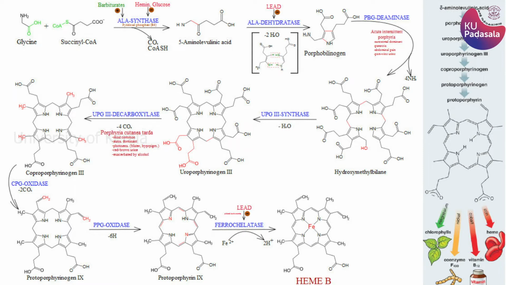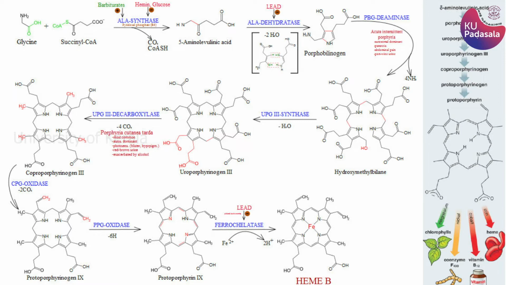This is given for the animal system, where you start from glycine and succinyl coenzyme A, and they synthesize delta aminolevulinic acid, which undergoes a series of synthetic modifications involving different enzymes. I am not going to go through all these details, as you can see here.